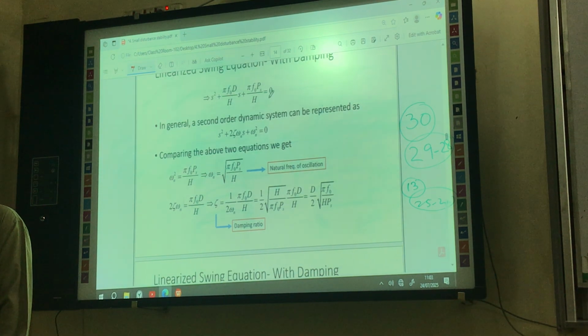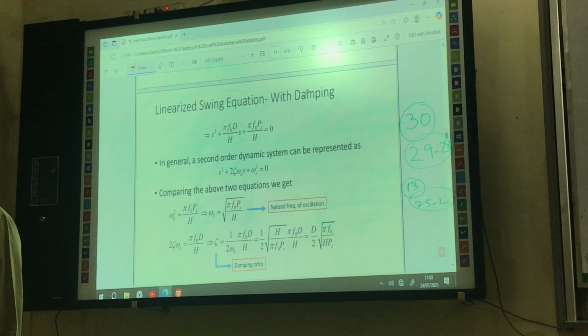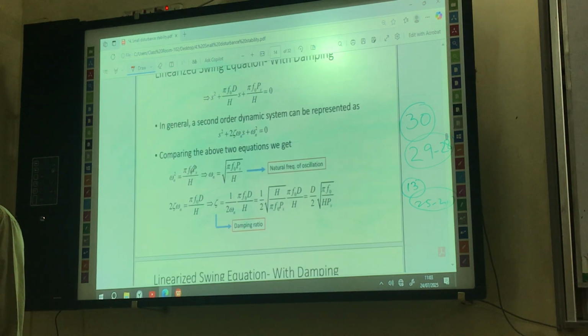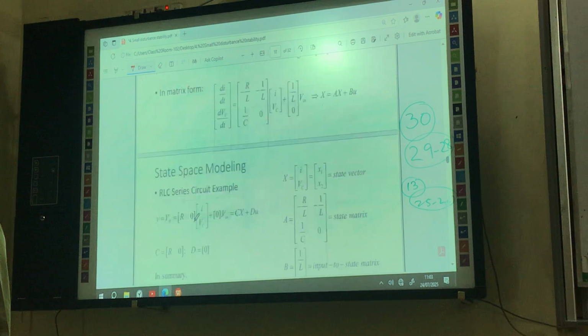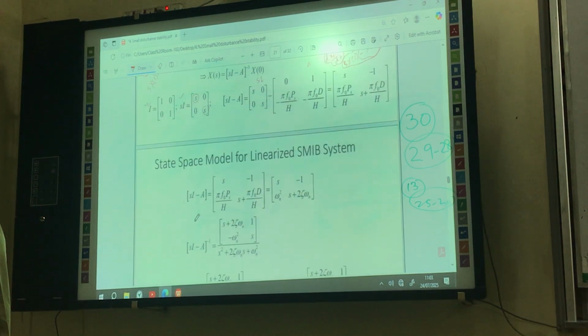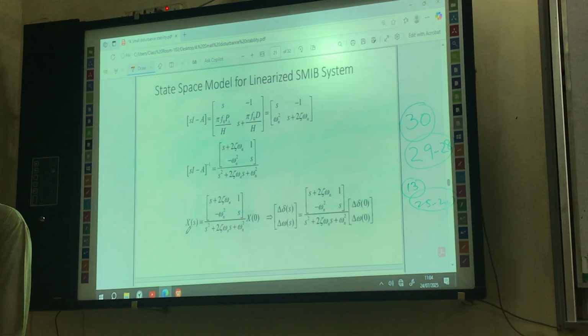The same equation, the same linearized swing equation with derivative. So omega n square is pi f naught Ds over S, and this term is 2 zeta omega n. So that's why we can replace this term with omega n square. This is omega n square and this is actually 2 zeta omega n.